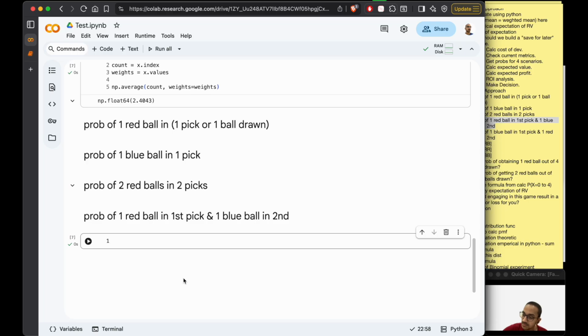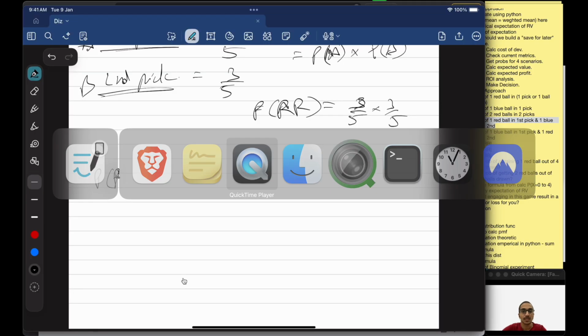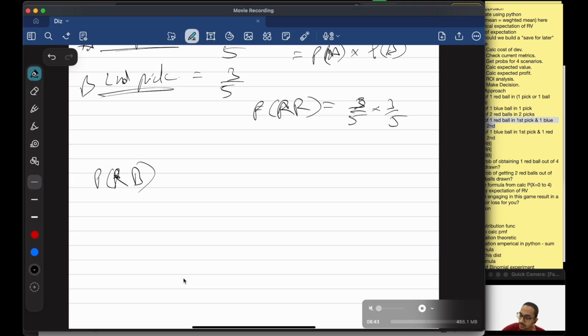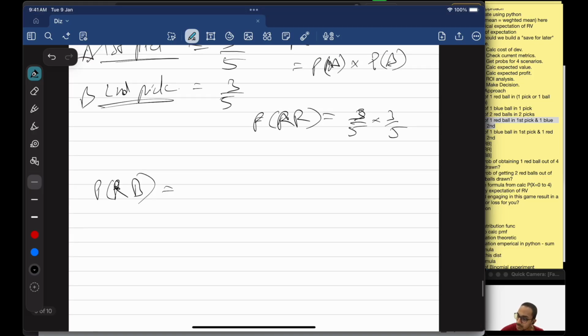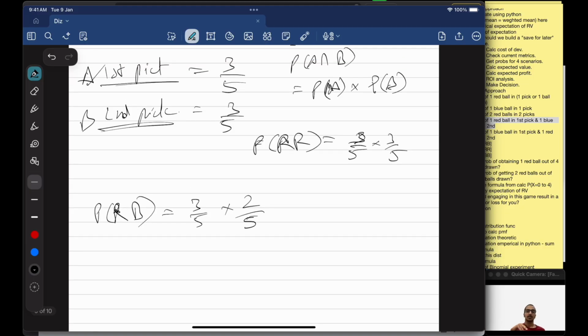So the probability of red is 3 out of 5, times the probability of blue, 2 out of 5. Again, the same concept. In this experiment we are picking twice, both picks happening in the same trial.